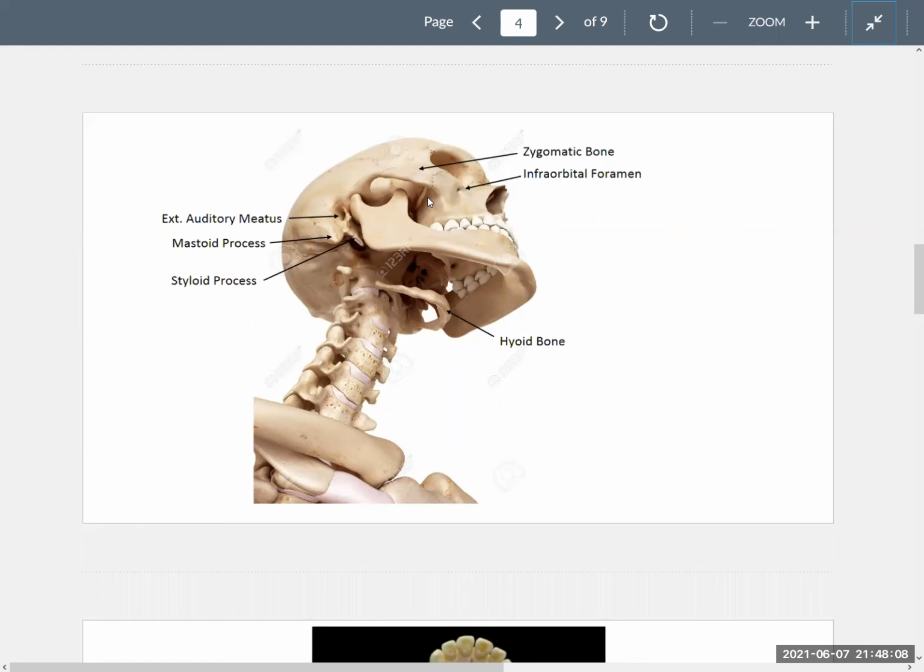Plastic surgeons love to make money putting implants in for people. There's a small opening here in the maxilla. It's called the infraorbital foramen.